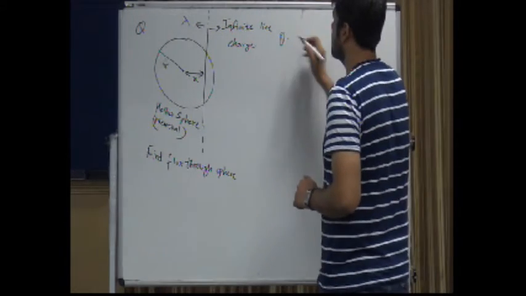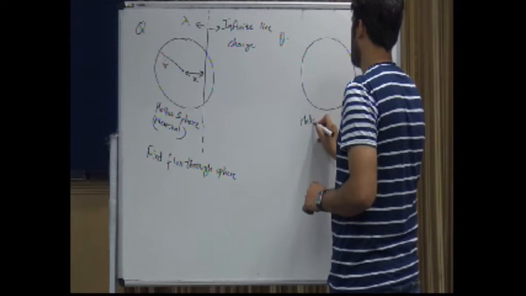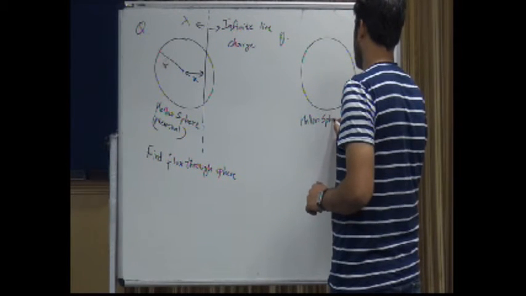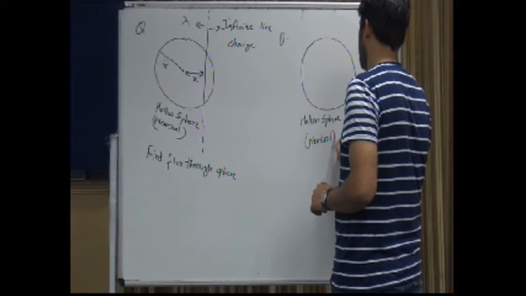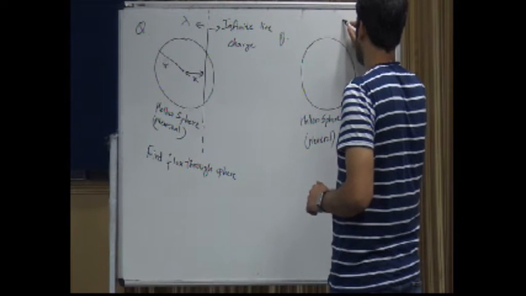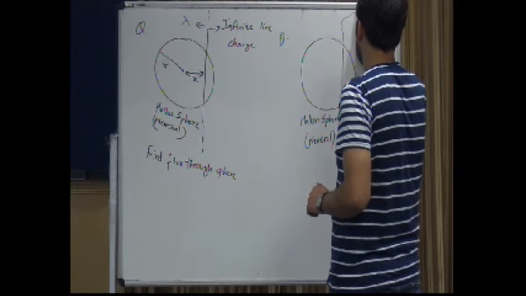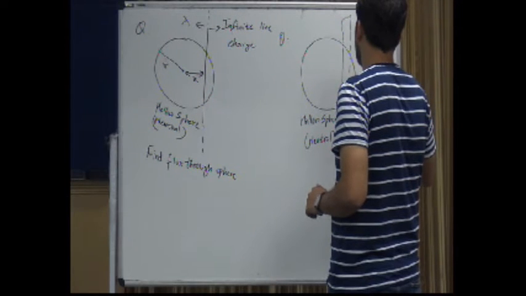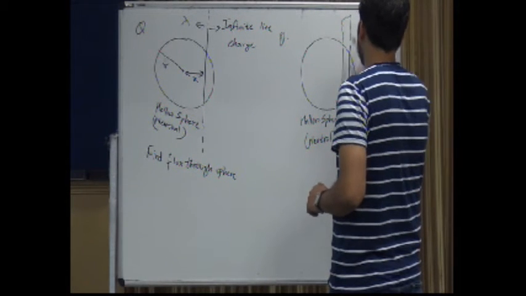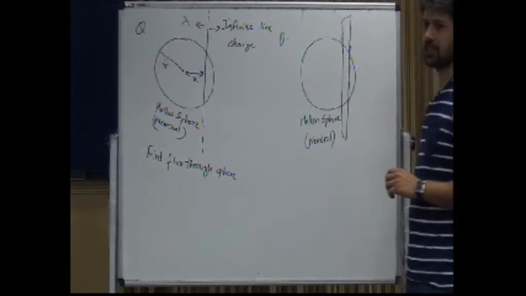Another one is the same hollow sphere, neutral. This time a sheet is passing through it.